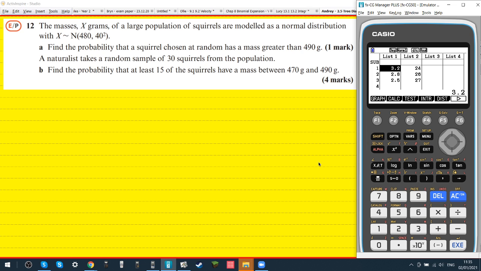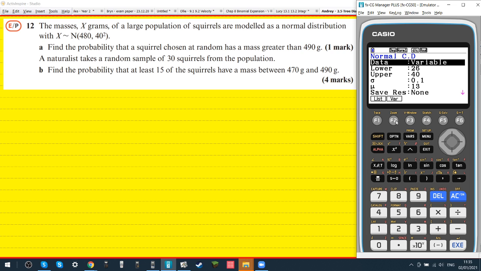So if I do lower 470, upper 490, mean 480, deviation 40, my probability is 0.1974. Okay.